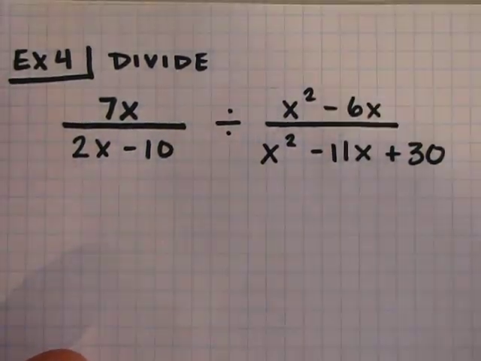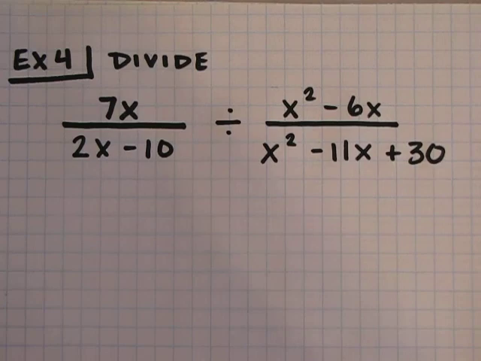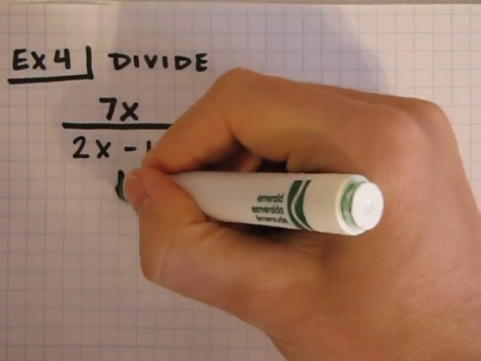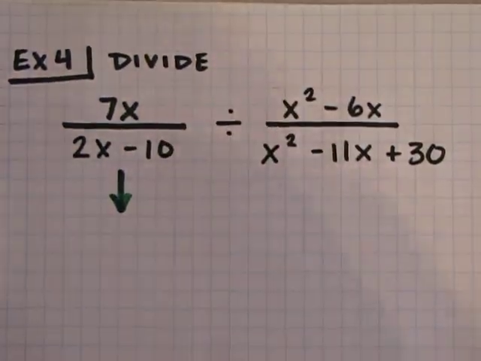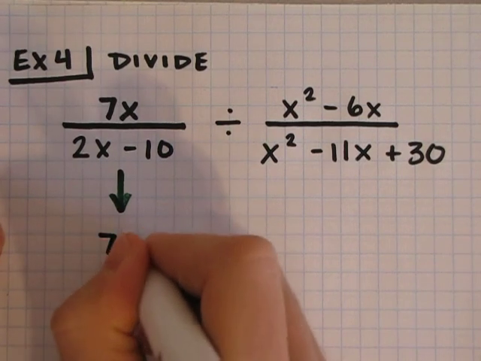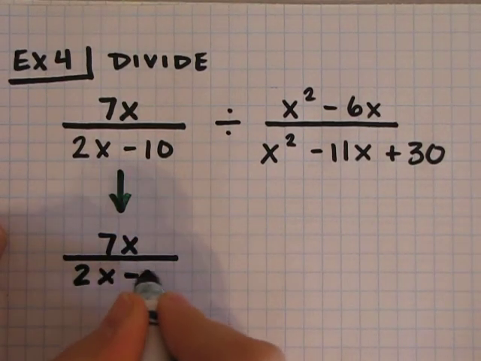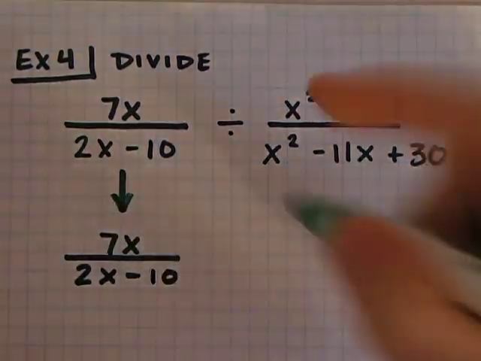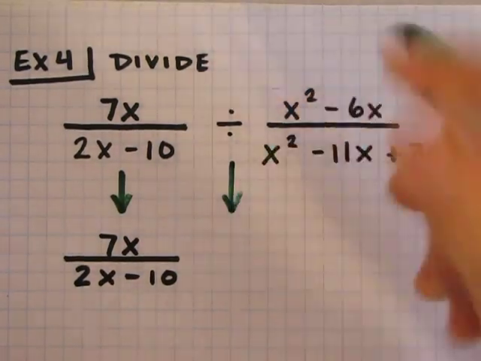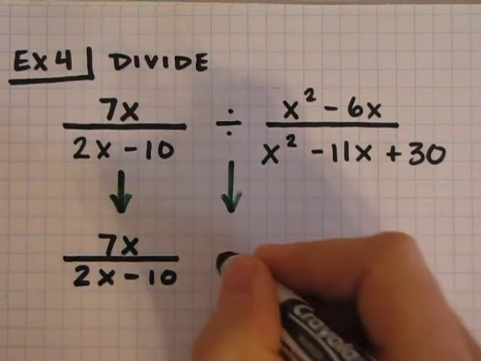Well, the first thing that we need to do is the same thing that we did on the previous problem. Freeze the first fraction, so write it the same. Change the sign so that it becomes multiplication.